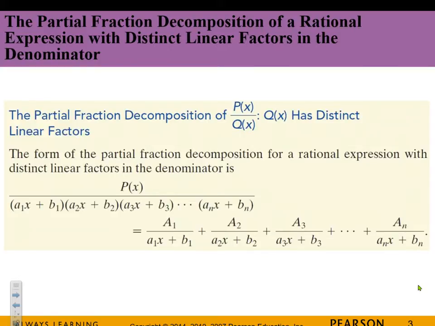Go ahead and write that down. This is just your generic form. You could write partial fraction decomposition as PFD. Just condense it, call it PFD.